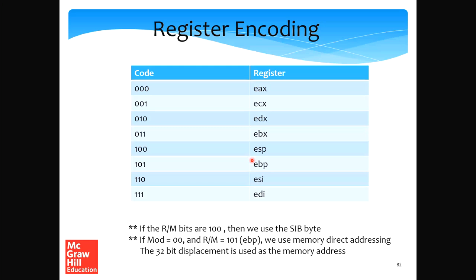Now I want to make 2 points regarding 2 special cases. The first special case, as we have discussed, is that if the R by M bits are 100, which in this case actually points to the stack pointer, then we essentially discard that information. Well, discard it in the sense we don't use it in the addressing, and we use the SIB byte instead.